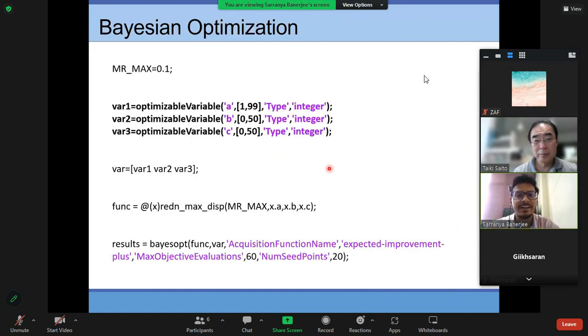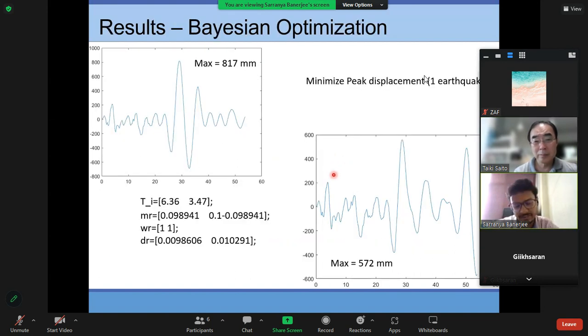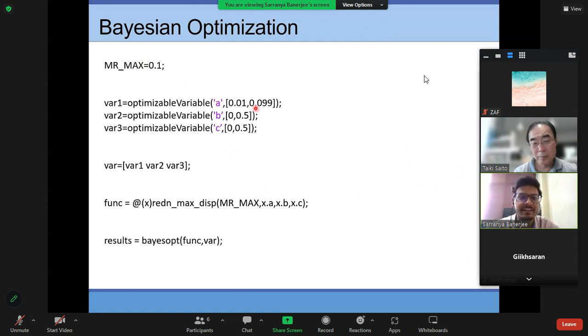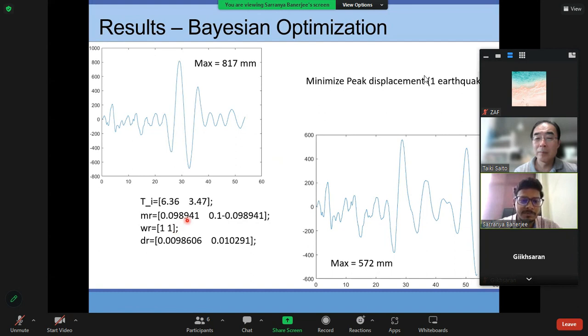But there again, one problem which I noted here is that there are so many significant figures in the optimization variables. So what I felt is there could be a scenario when the optimization becomes very local and will not take a global scenario, because there are so many options available for the number of significant figures.